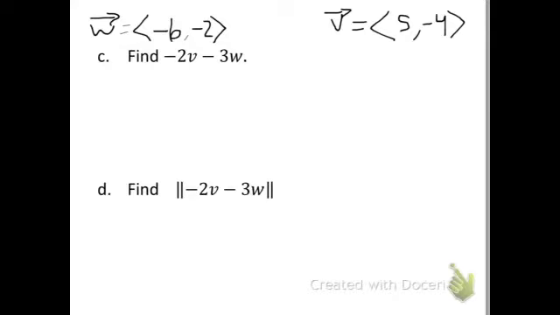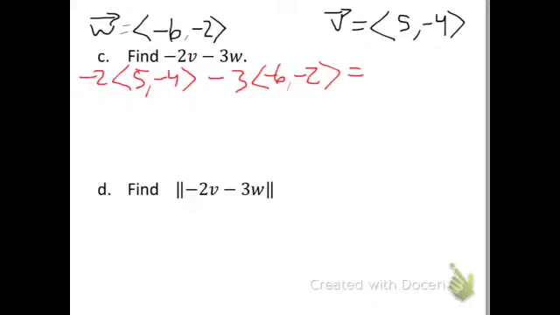And moving on to the next part, we need to get 2v minus 3w and then find its magnitude. And so to do that, we're just going to do -2 times the v, which is 5, -4, and then subtract off 3 times w, and w is -6, -2.